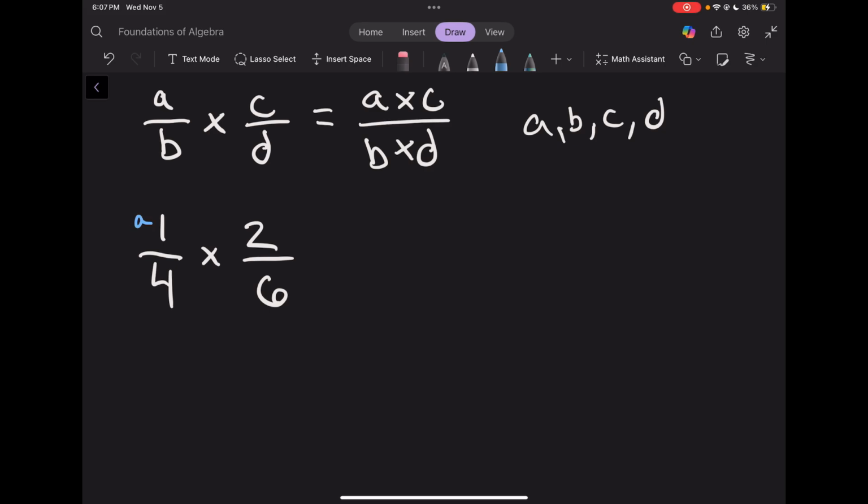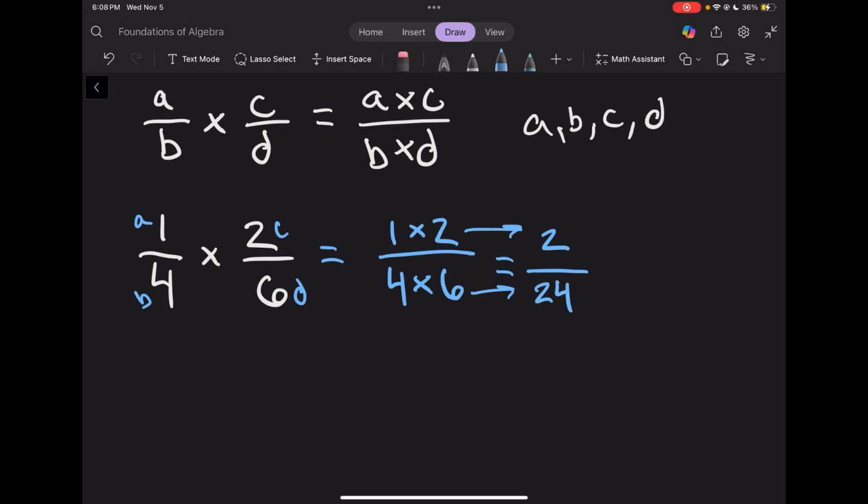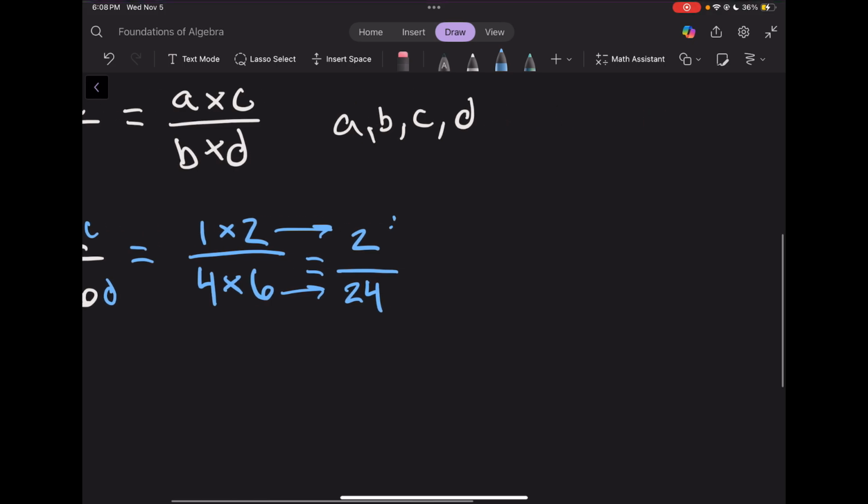This right here is my A, this is my B, C, and D. So then we have 1 times 2 over 4 times 6, which gives me 2/24. And then if you remember in our previous video when we were simplifying, this can be divided by 2 and this can be divided by 2, so we get 1/12 as our final answer.